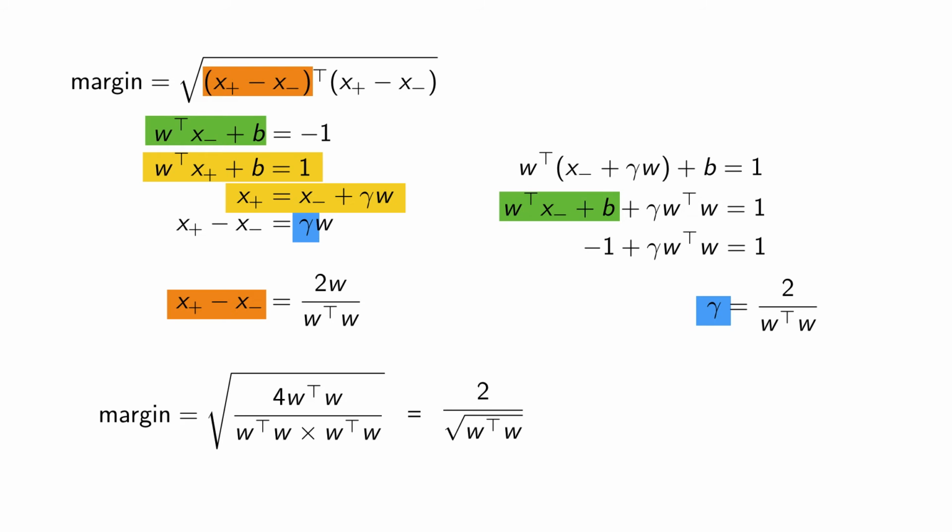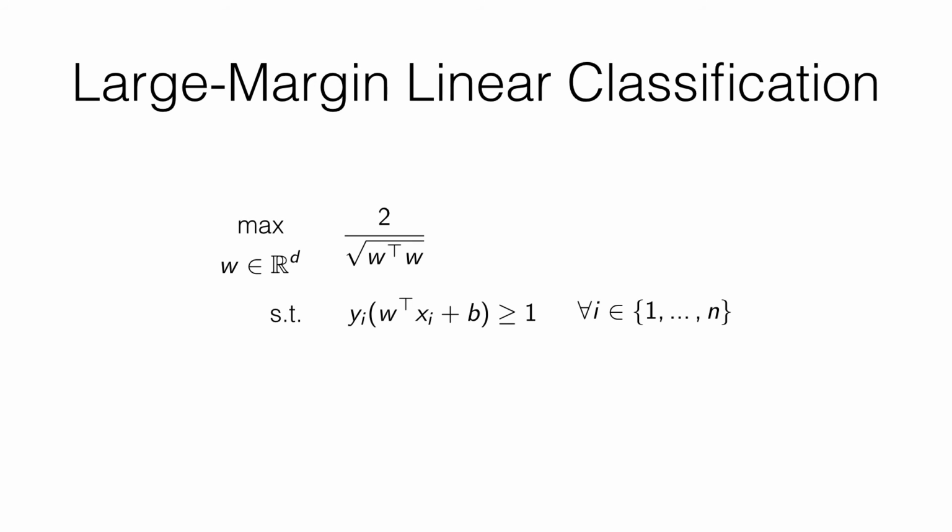So if that's the case, then we can write down an objective that will give us the w that gives us the best margin, the largest margin. So we're going to maximize the margin, and we're going to constrain this maximization so that it has to give us a w such that all of the points are classified correctly according to this constraint down here.